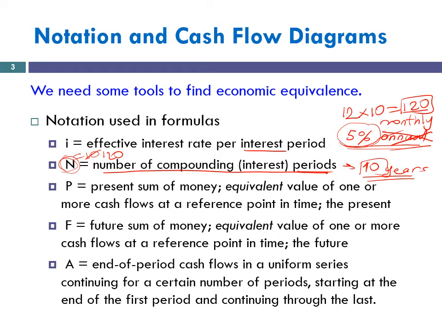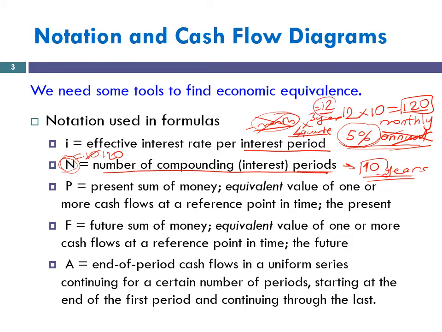And it depends on this interest rate. If the interest rate is monthly, then you look at how many months do you have during the period of lending or borrowing. If the interest rate is quarterly, so quarter, in 1 year, there are 4 quarters, okay? 4 quarters. And if you borrow money, for example, for 3 years, the total N will be 3 times 4, 12 quarters.